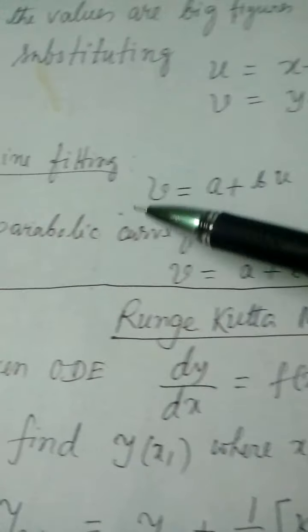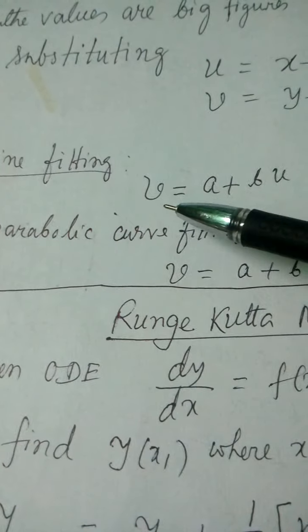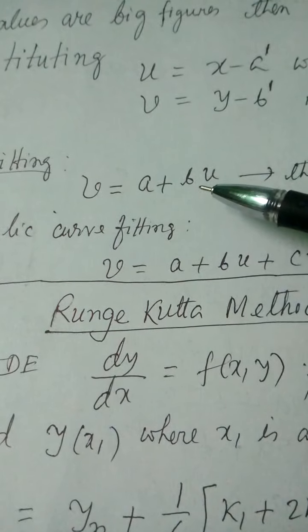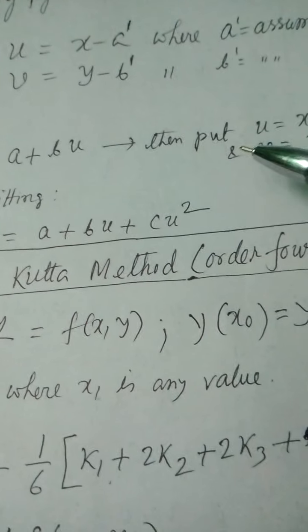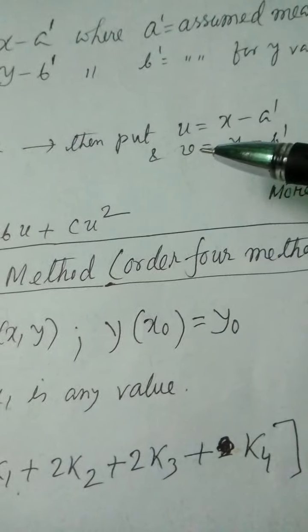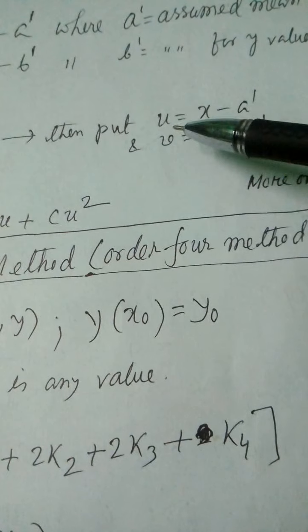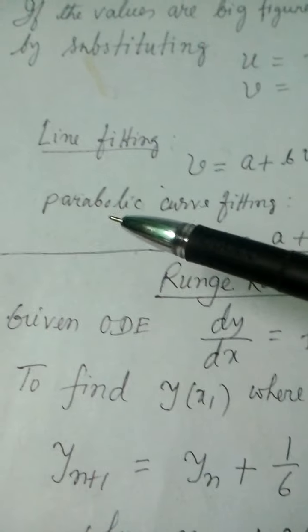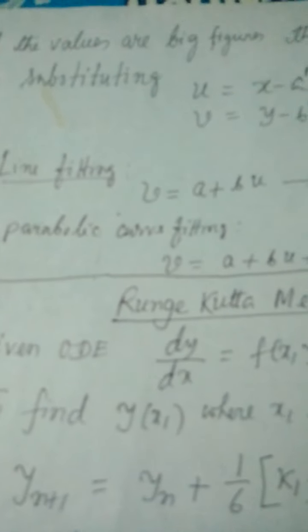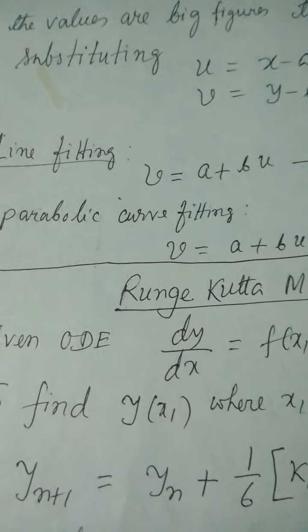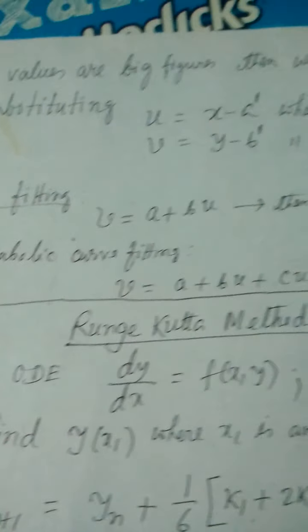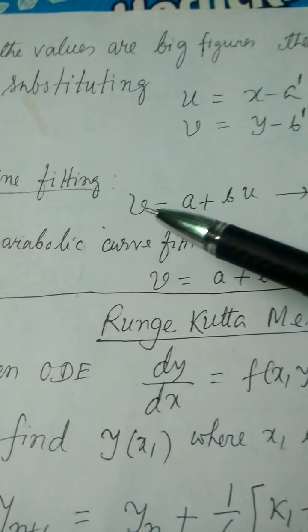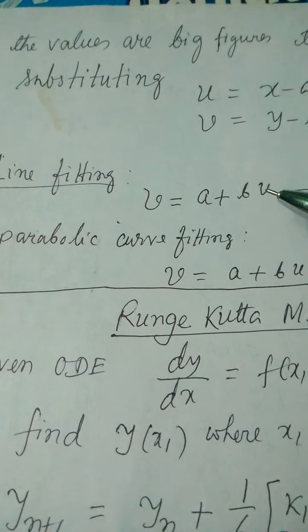So now this is the line fitting. v is equal to a plus bu. The same way we go on doing. Then ultimately put u is equal to x minus a dash, v is equal to y minus b dash. Okay, so you will get the equation of a straight line directly in this form also.